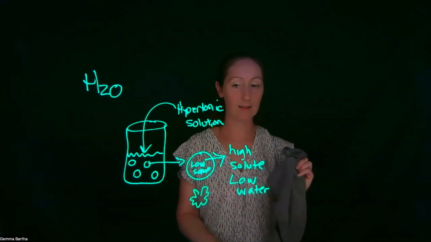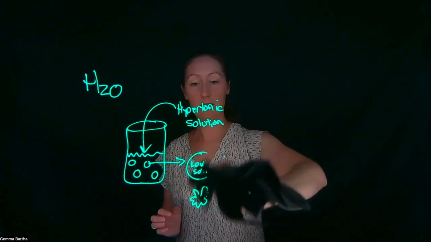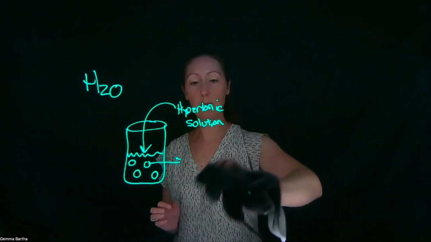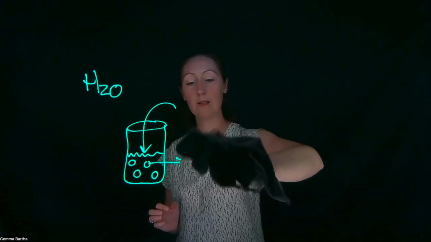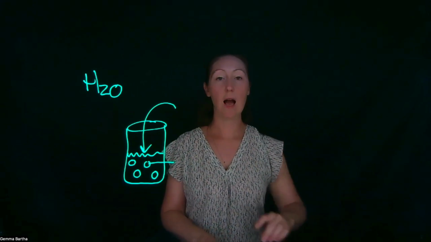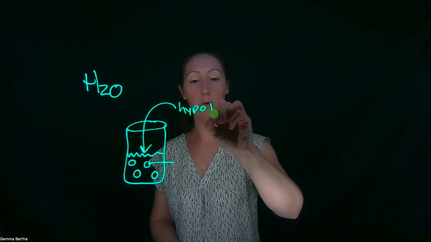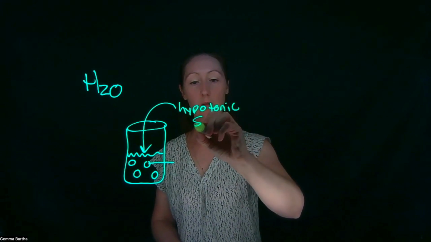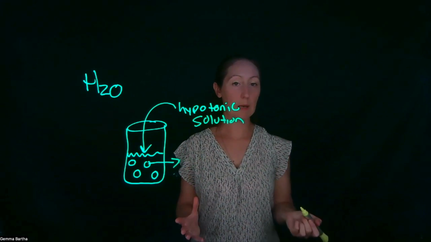All right, next example. Let's say instead of a hypertonic solution, we are going to now add a hypotonic solution. Okay, what would happen to the cell?